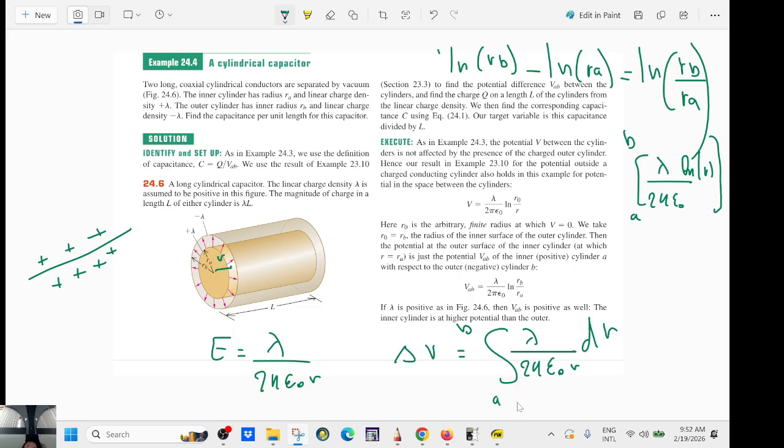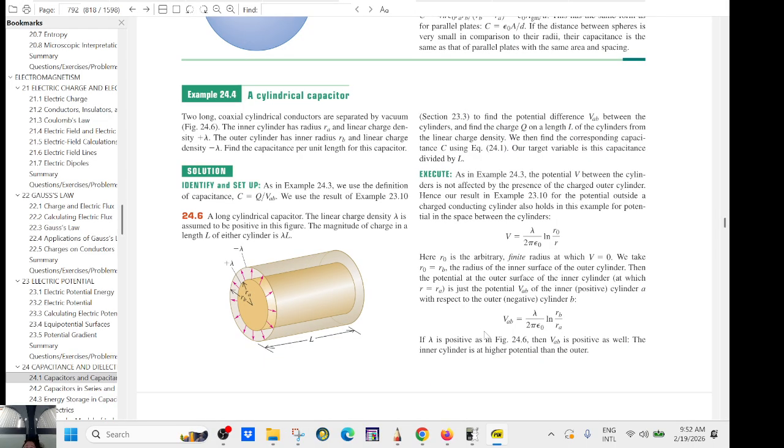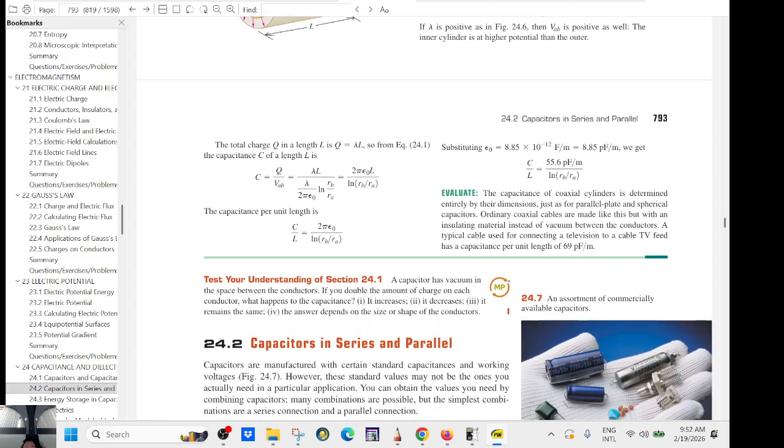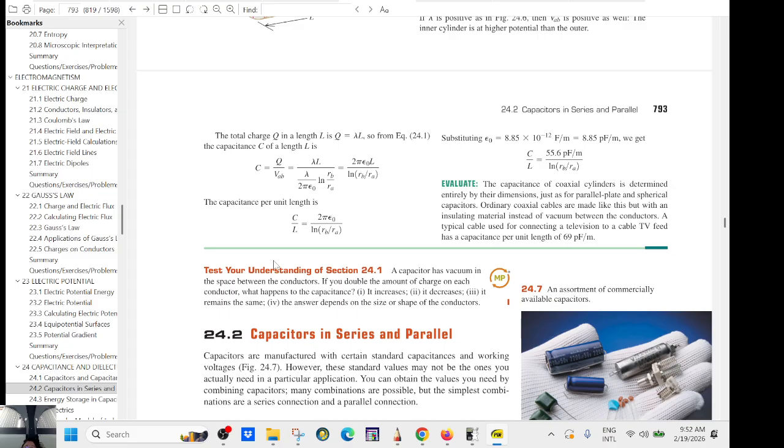It's a nice application. So you have your voltage, the voltage between two points, and then you can find the capacitance. At the end, it depends only on the geometry of your cable.